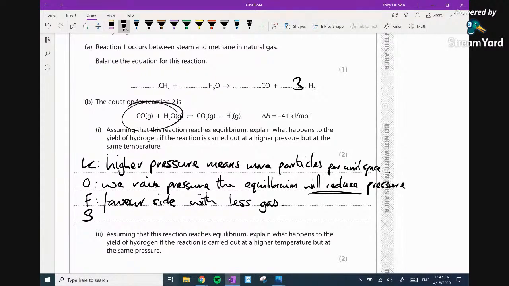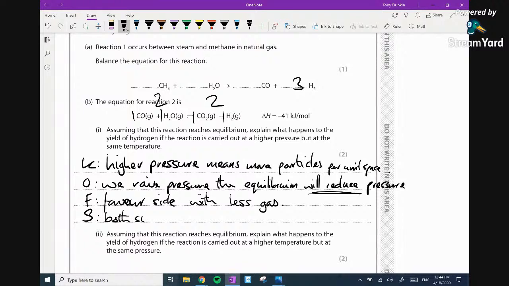Oh, hang on a second. Assuming that the reaction, explain what happens to the yield if the reaction is carried out at a higher pressure. Favor the side with less gas. Right, guys, have you noticed? It's the same. 1 and 1, 1 and 1, 2 on each side. Favor the side with less gas.